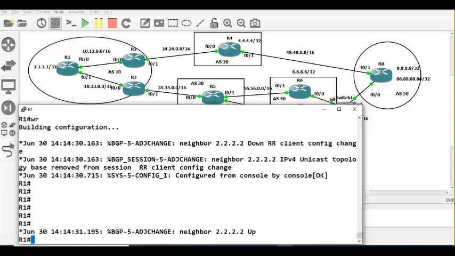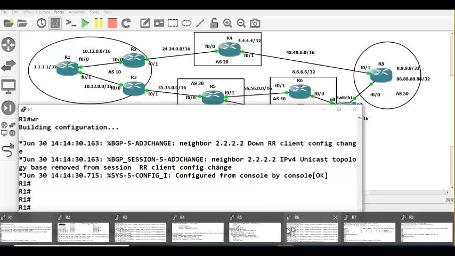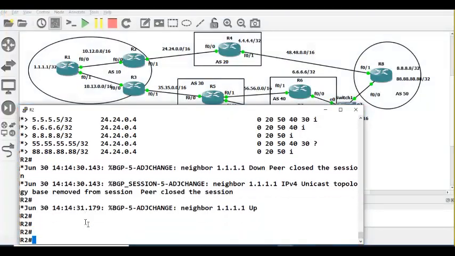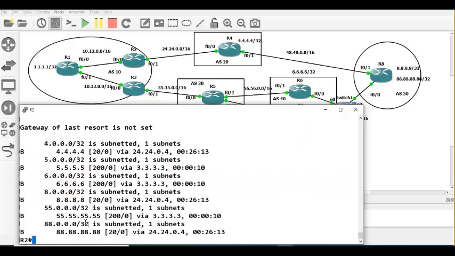Now going back to R2. As of now, for 55555 it is going via router 3 because of the shorter AS path. For 6 also it is going via router 3 because of the shorter AS path.